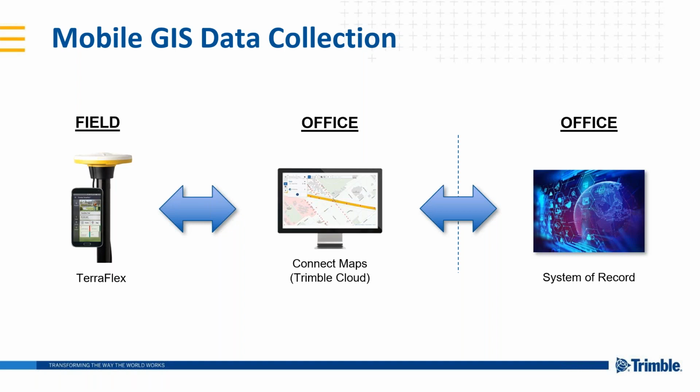So that's used out in the field to collect information about different features, and then the data flows through to our Connect Maps, which is our cloud platform, and that is used to do basic QA, QC, to check and edit data, perhaps consolidate data from different users or different sessions out in the field. And then from there, you can export to a number of different or common GIS formats, so that the data can be integrated back into a system of record.